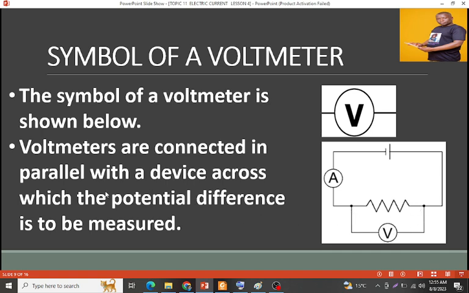This is called parallel, not series. If you look, an ammeter is connected along the same path as the rest of the components. So you have this component here, then ammeter, then a cell. But a voltmeter is connected across. How much voltage is being used up? How much potential difference is there between the 2 points, this point here and this one? How much energy is this one using? That will be recorded by the voltmeter.